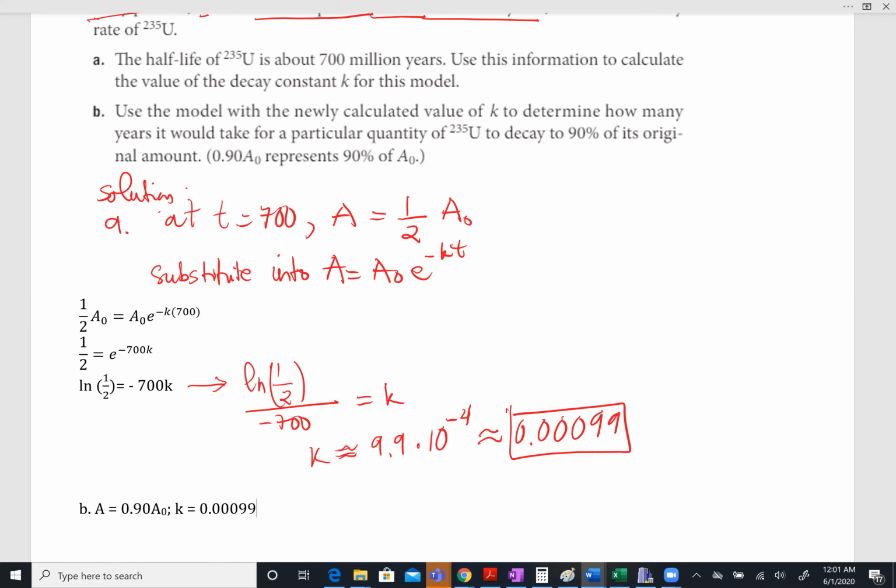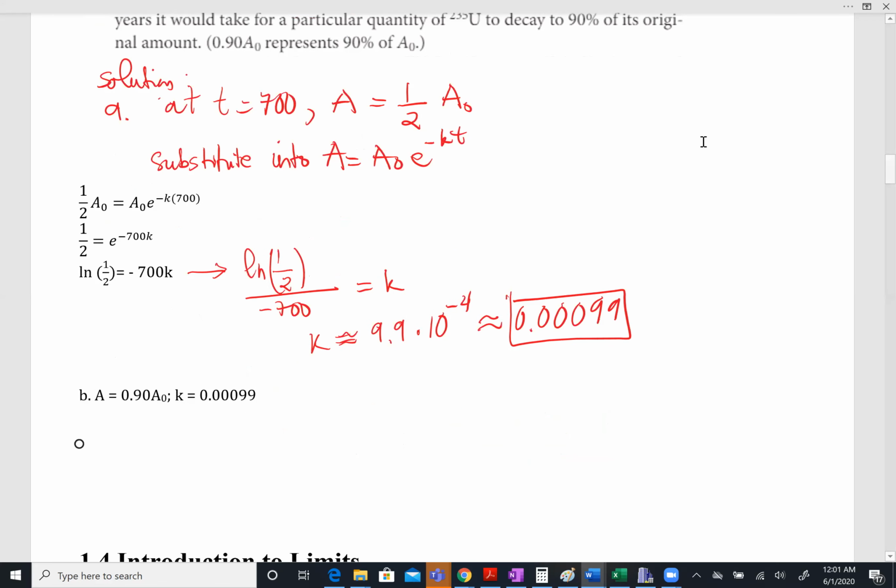So now let me substitute into A equals A0 e to the power negative kt.